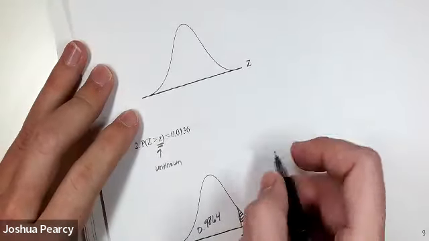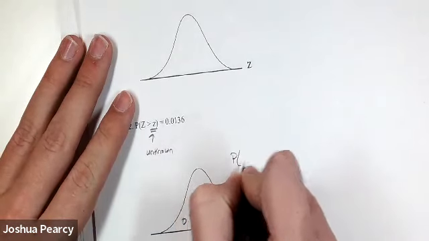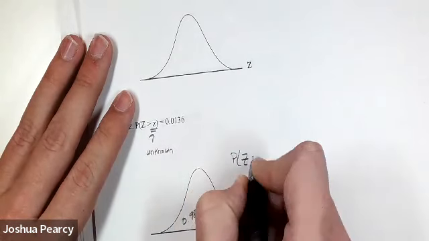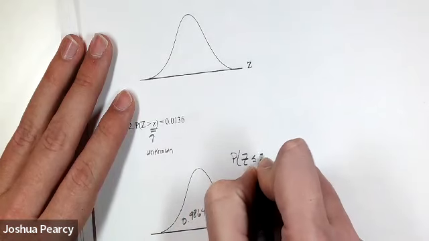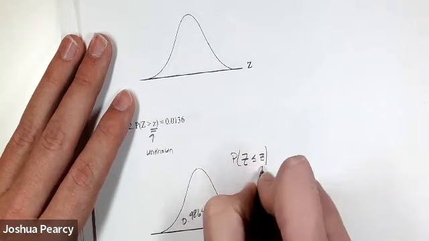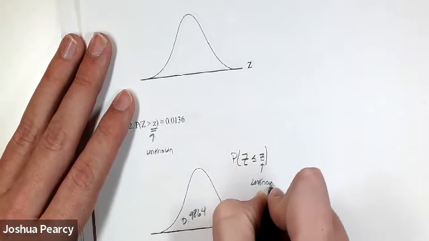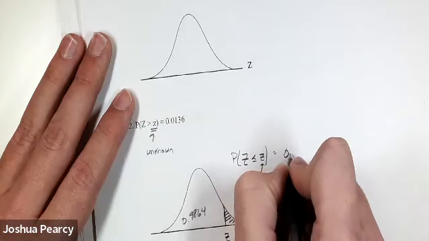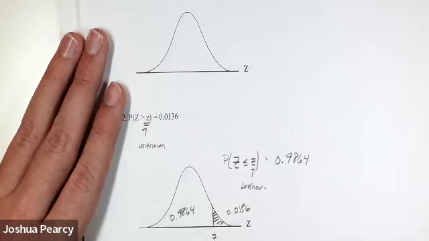That means I need to look for a z-score such that the probability of z, the random variable, being less than or equal to this unknown z-score is equal to 0.9864.